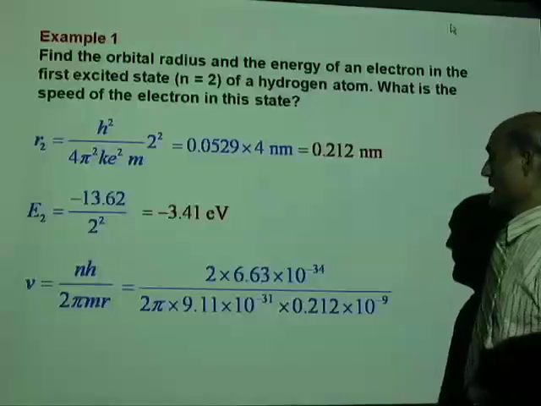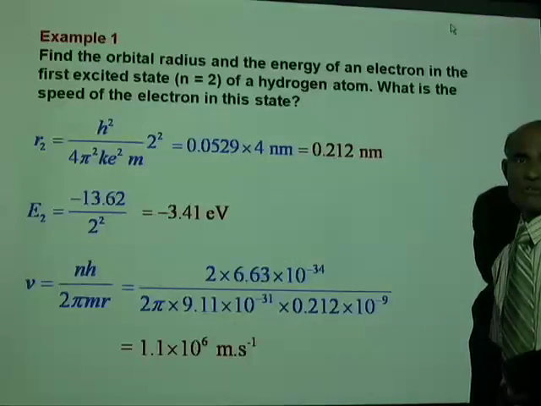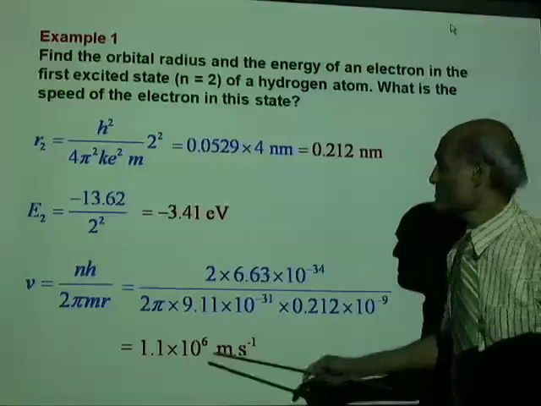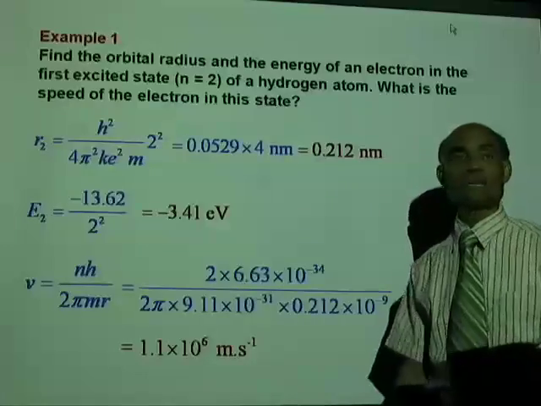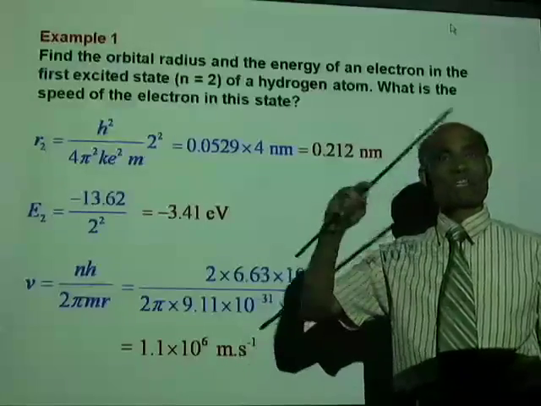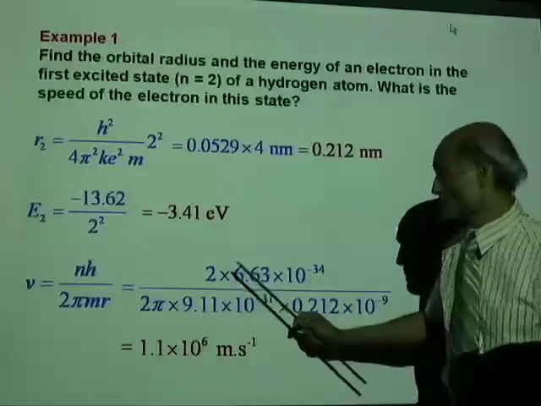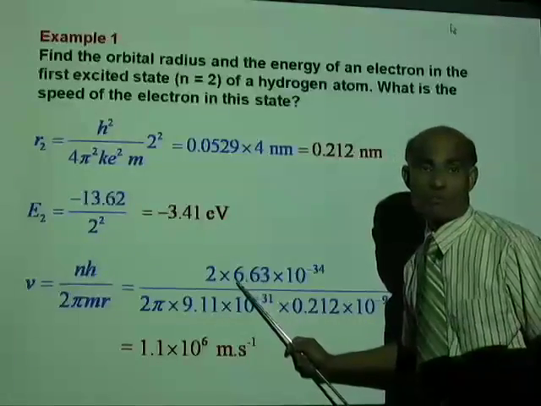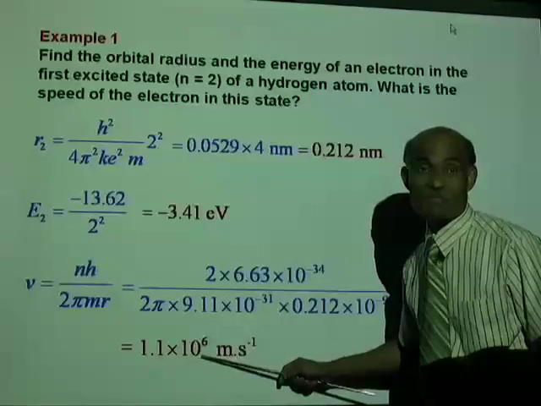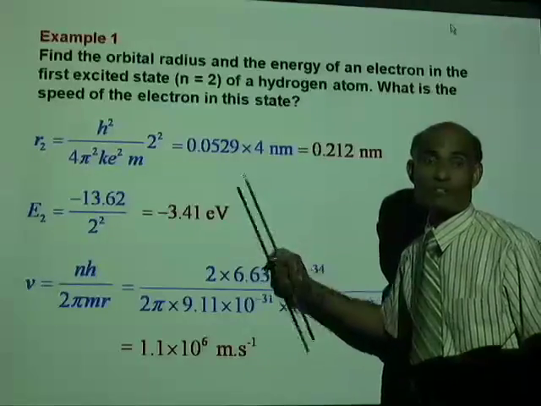And that will give you 1.1 times 10 to the power 6 meter per second is the electron speed in the second orbit. But you need to do this all on your own. Don't just depend on me. Very often I make mistakes and you need to point that out to me.